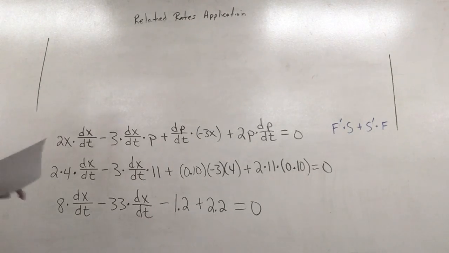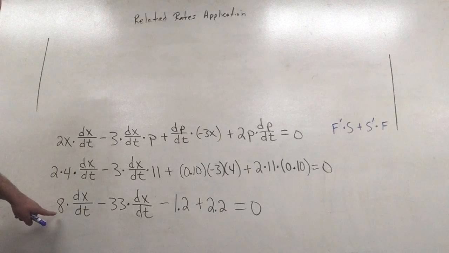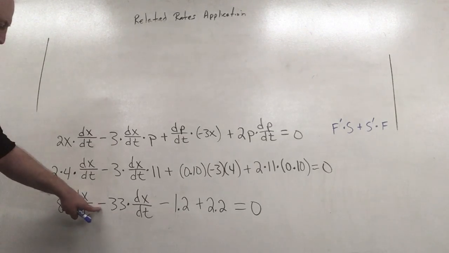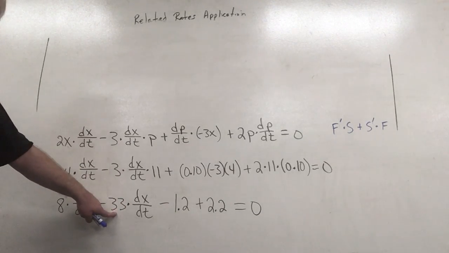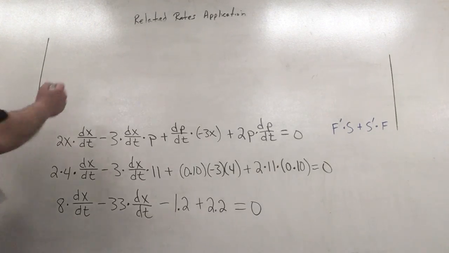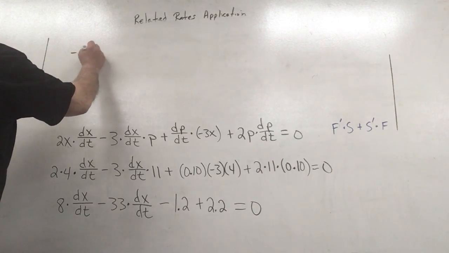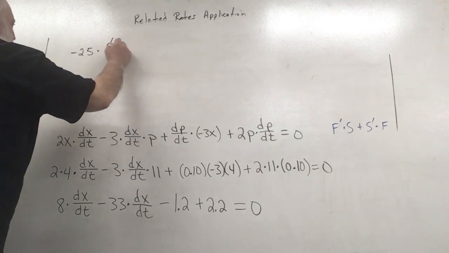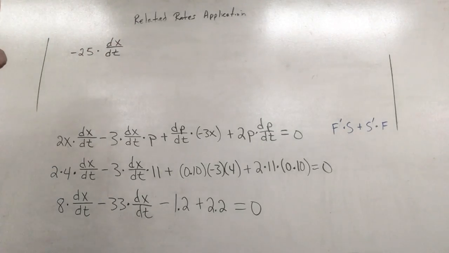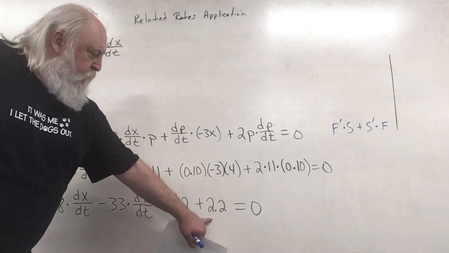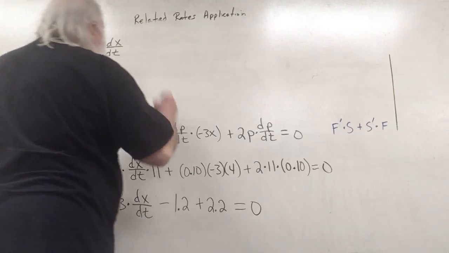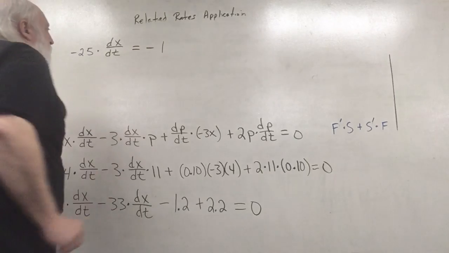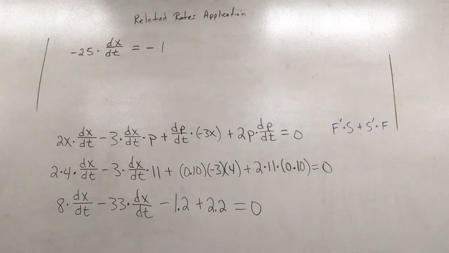So in solving for dx over dt, we have 8 dx over dt minus 33 times dx over dt, right? 8 apples minus 33 apples is equal to minus 25 apples. So that simplifies to minus 25 times dx over dt. And then minus 1.2 plus 2.2 is plus 1. So I subtract 1 from both sides, and I get minus 25 times dx over dt is equal to negative 1. Okay?